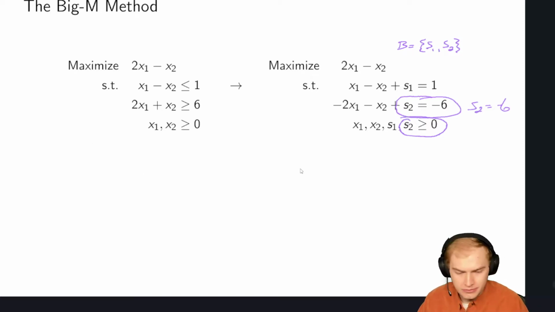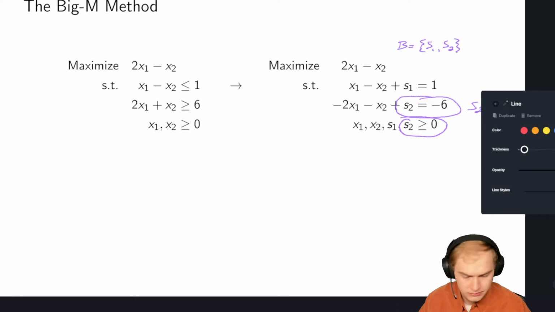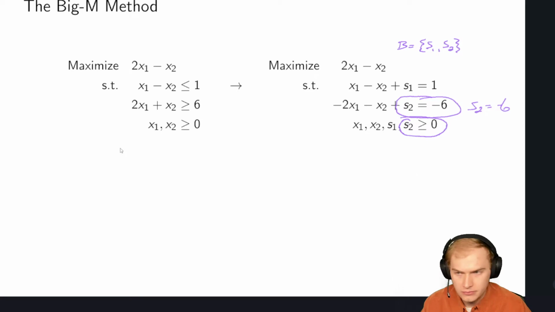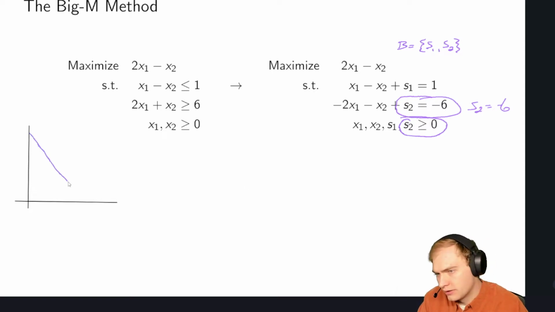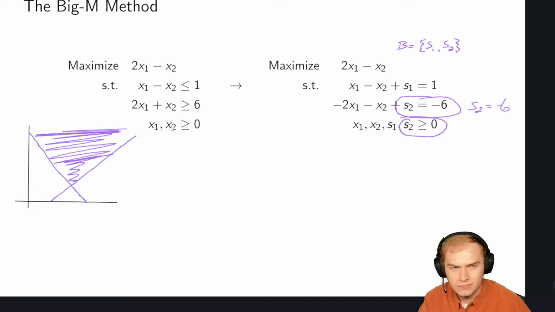So this problem looks something like this on a plot. Yeah, I'll do it over here. So if we have a plot of these constraints, it looks something like this. This being our feasible region.